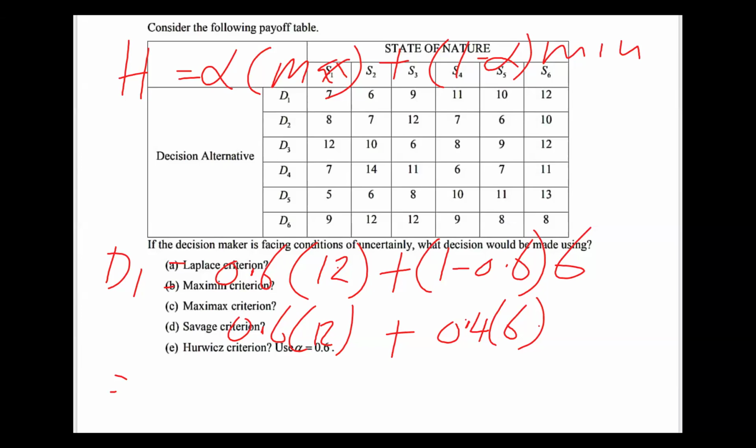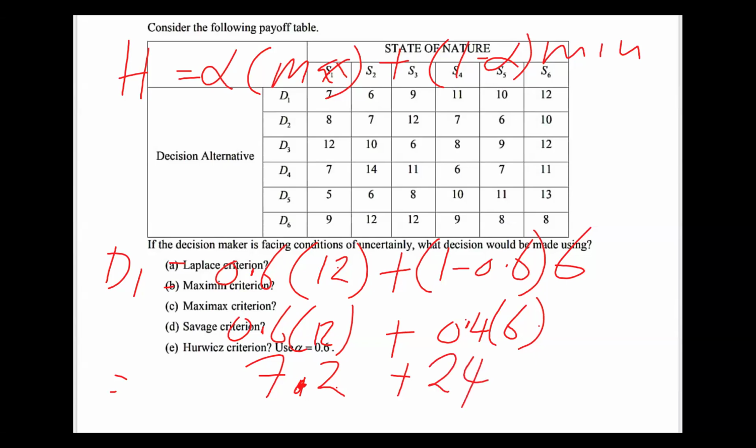Okay, what is 0.6 times 12? What do you get? 7.2. 7.2 plus, what is 0.4 times 6? 2.4.